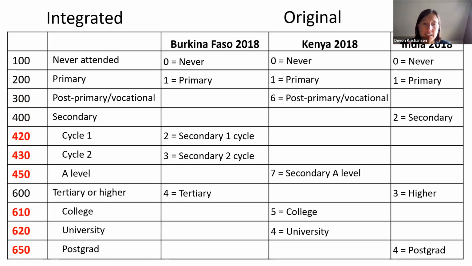They're all within the secondary level of education, but we want to keep them separate just so users have the highest level of detail possible. But if you wanted to generalize, you could group by just the very first digit, and then you'd have comparably coded women at never attended, primary, post-secondary, secondary, and tertiary, if you wanted to group it into fewer categories.